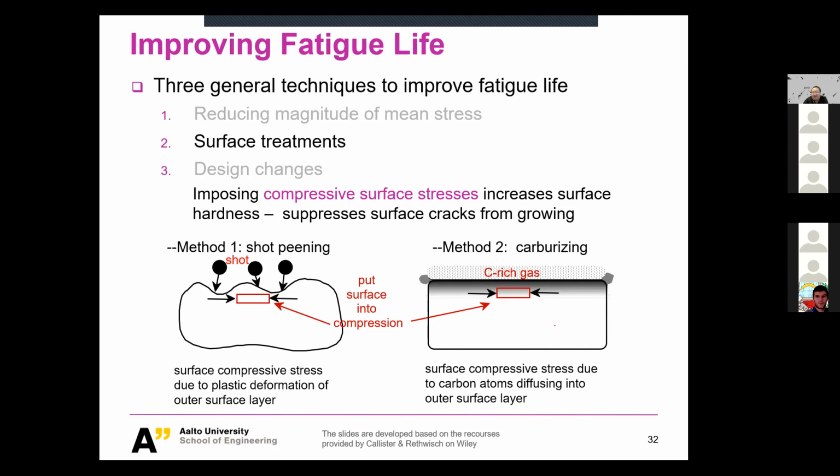And the second way is the so-called carburizing. Yeah, you will learn this. And remember, there's carburizing. Basically, you use a carbon-rich gas to let the carbon atoms diffuse into your surface. So this is a gradient structure. You have lots of carbon atoms here, and then more and more it vanishes because it cannot diffuse forever.